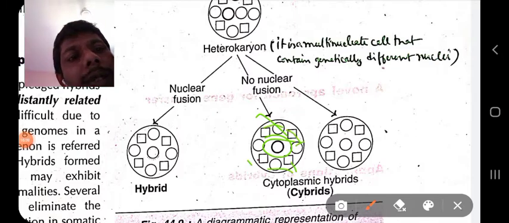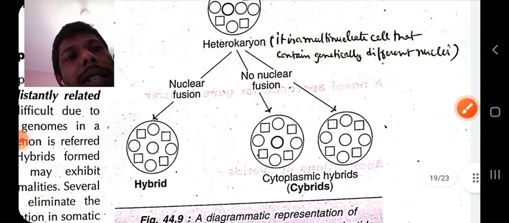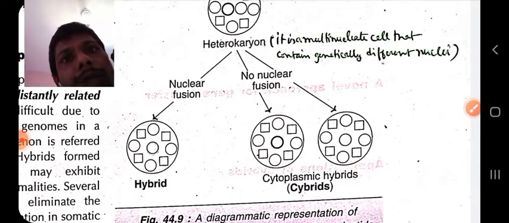That leads to the formation of hybrids where only the cytoplasm has been fused, while the genetic material has not been fused.